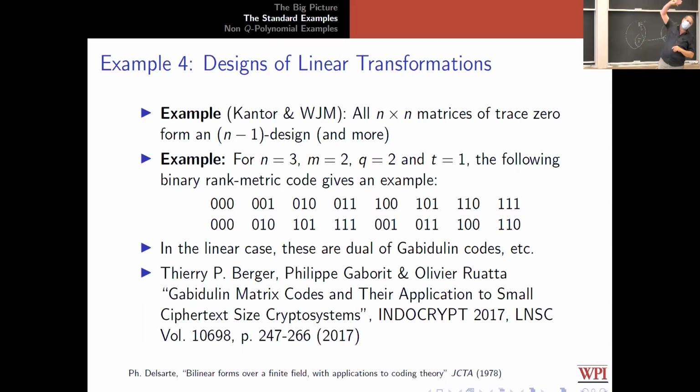So when t is very close to n, there are these easy examples. When t is small, you can have some nice examples. So there's an example of a 1-design right here of 2 by 3 matrices. You take any one space inside F_2^3 and any linear transformation to F_2^2. There are exactly 2 of these that extend that linear transformation.